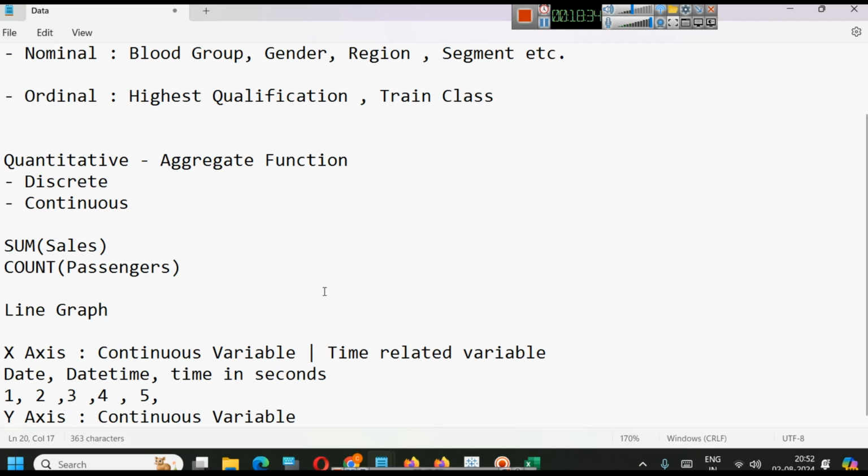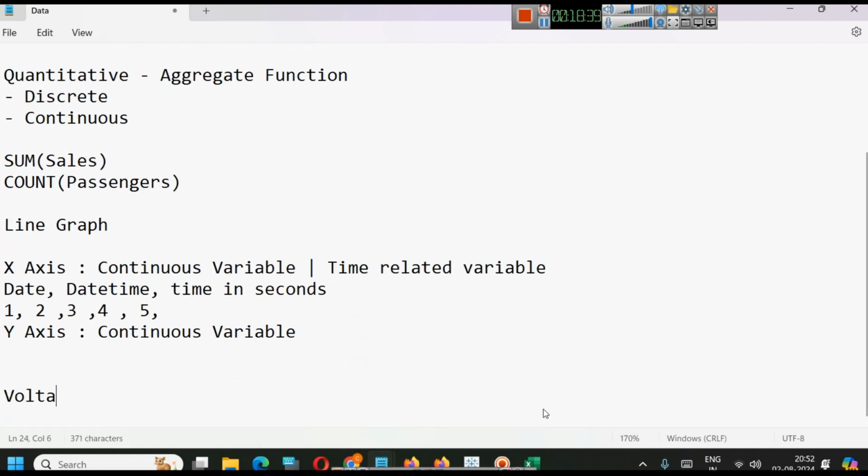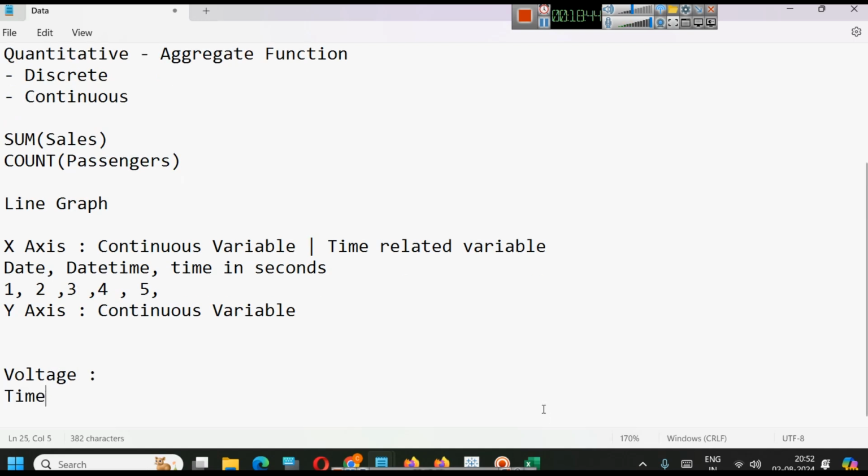For example, let's say we did an experiment where we were measuring voltage and current. When we switch on a fan, for example, in a fan also you have a regulator, a speed regulator, right?